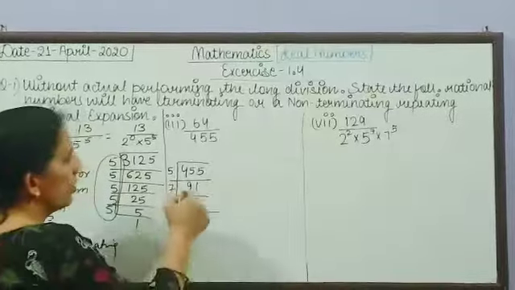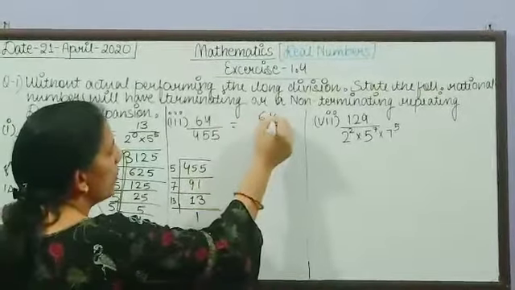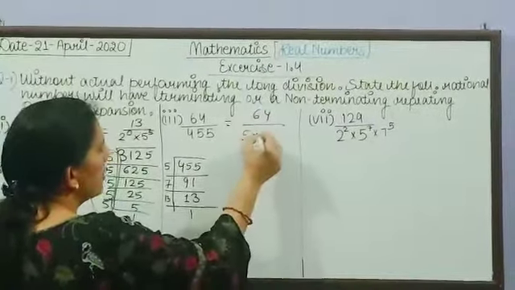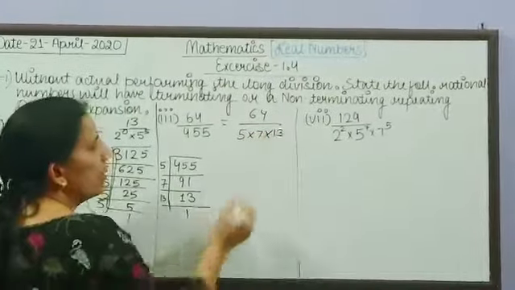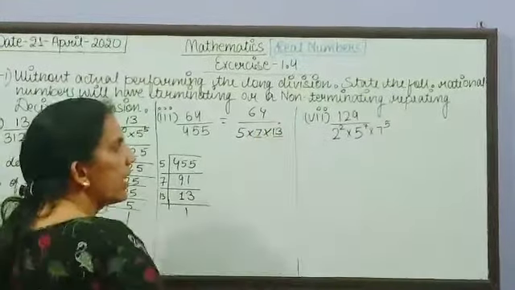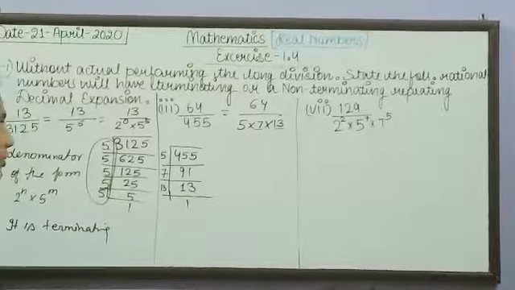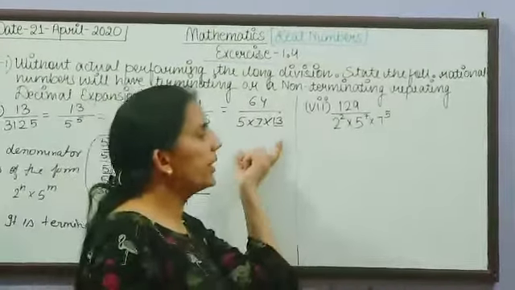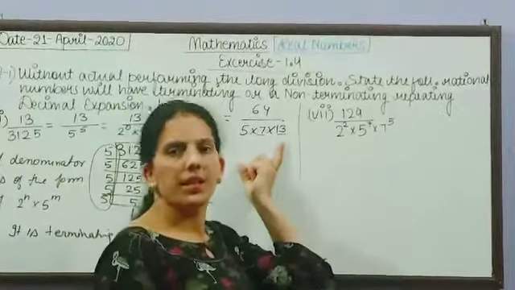So it will have 64 upon 5 into 7 into 13. So its prime factors are other than 2 and 5. Therefore, it is a non-terminating repeating expansion.